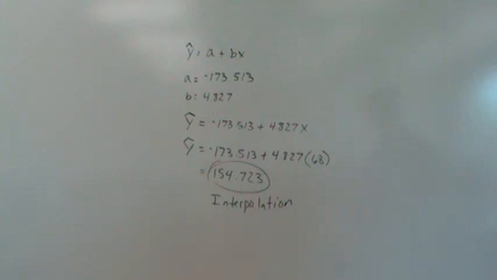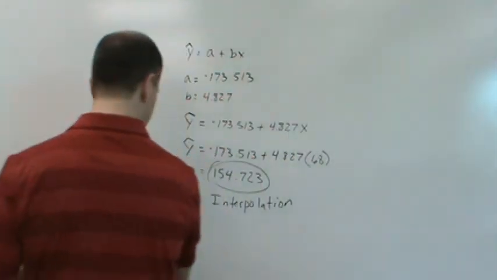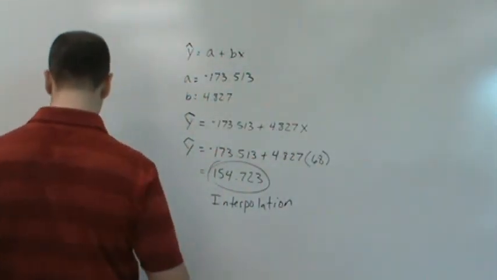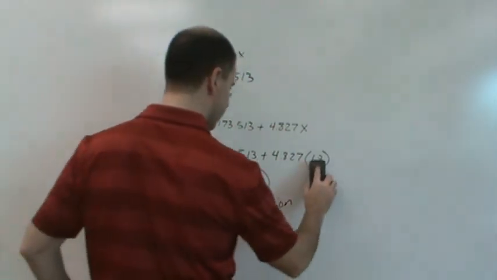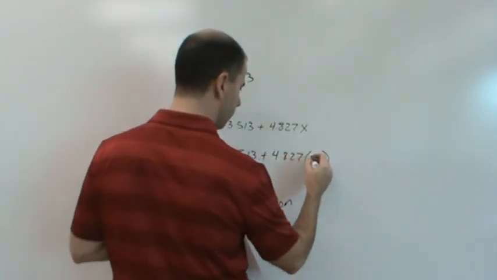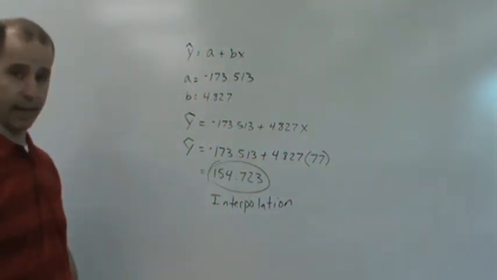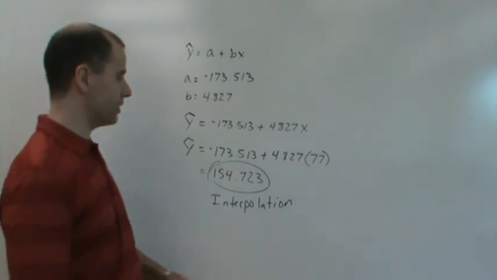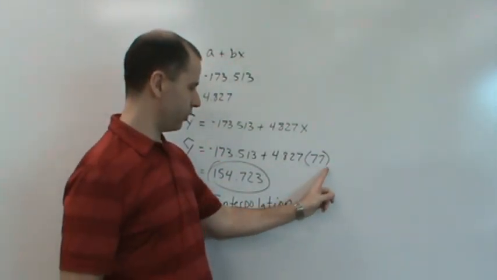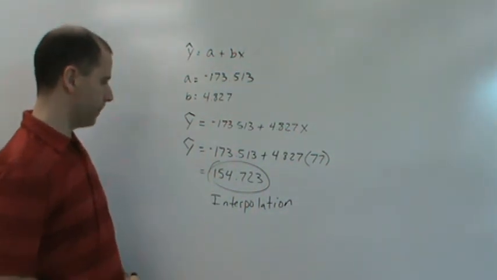Let's say we want to predict the final exam score for a student who gets a 77. This is outside the x range, the domain of the regression function.